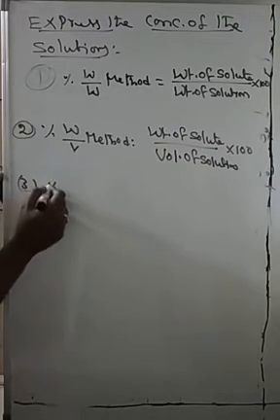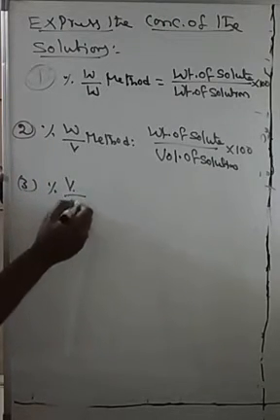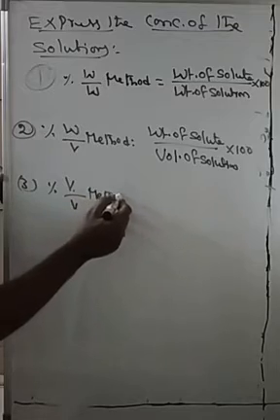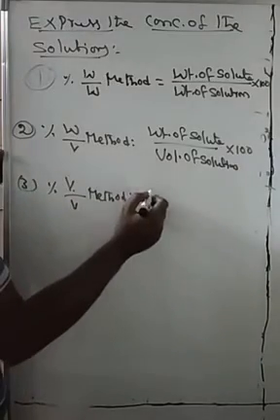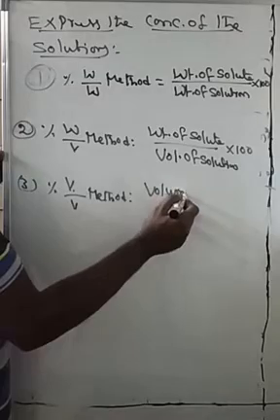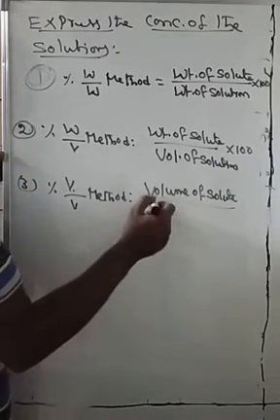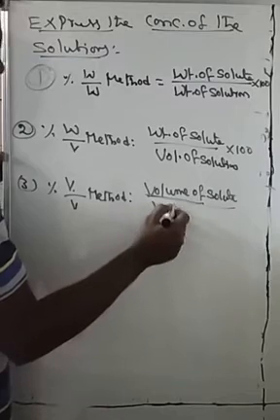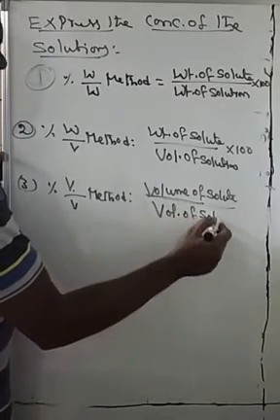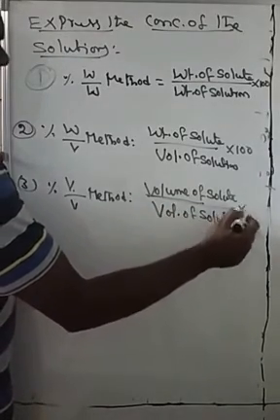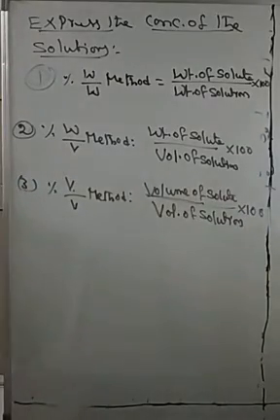Third one is volume by volume method. Here express the formula: volume of solute by volume of solution into 100.